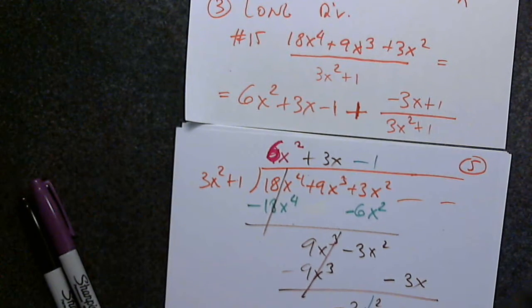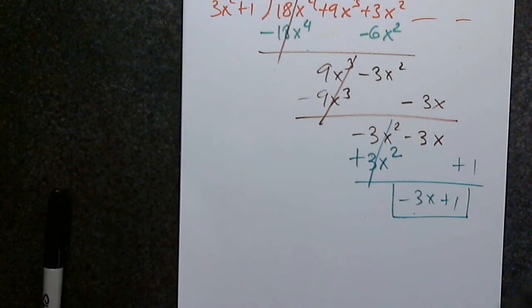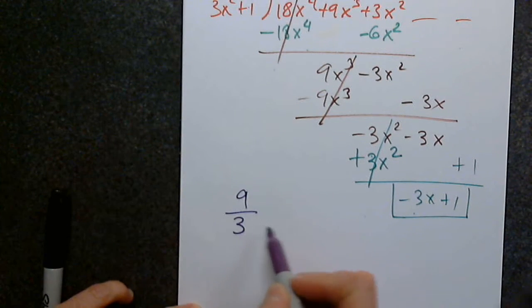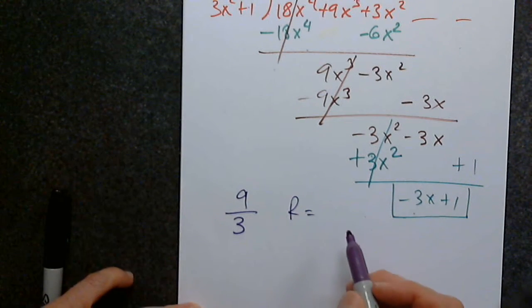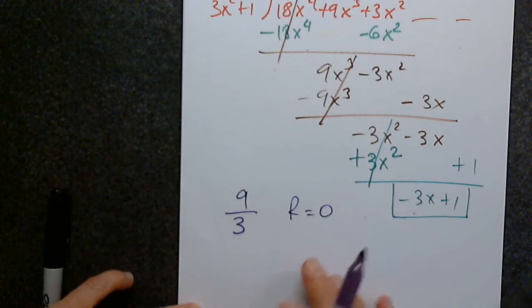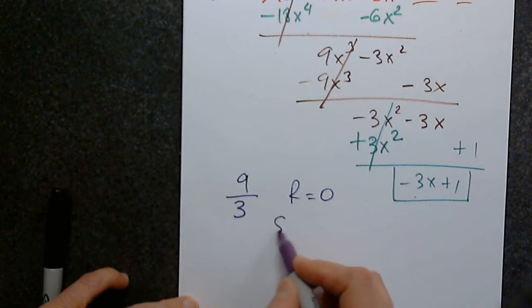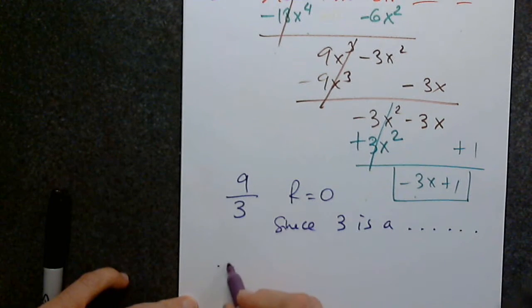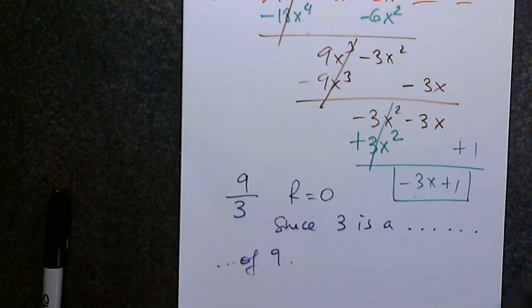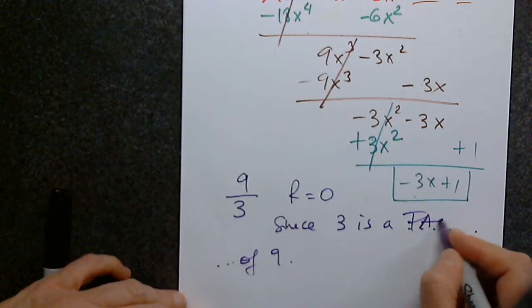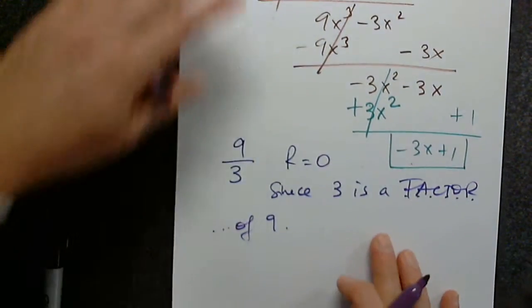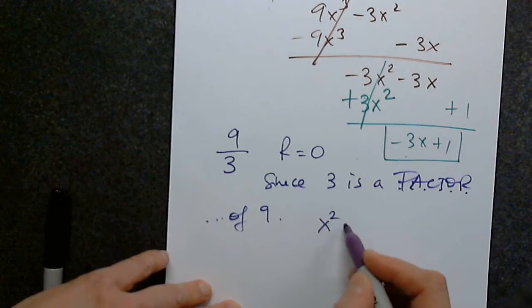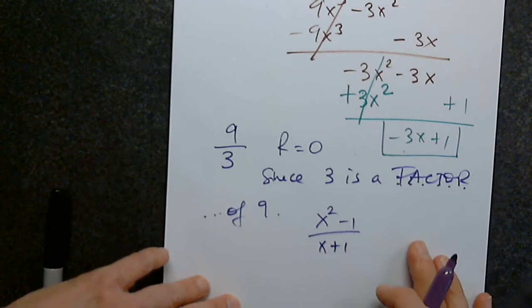One thing I would like to mention here: if I divide 9 by 3, what is the remainder? Right, the remainder is 0. Why? Since 3 is a factor of 9. Thank you. What if I divide x squared minus 1 by x plus 1?